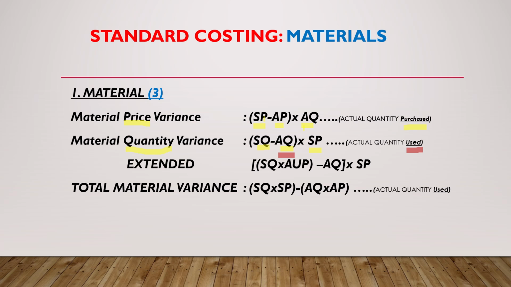This part, standard quantity, you extend to this whole part: standard quantity multiplied by actual units produced, minus actual quantity, multiplied by standard price.